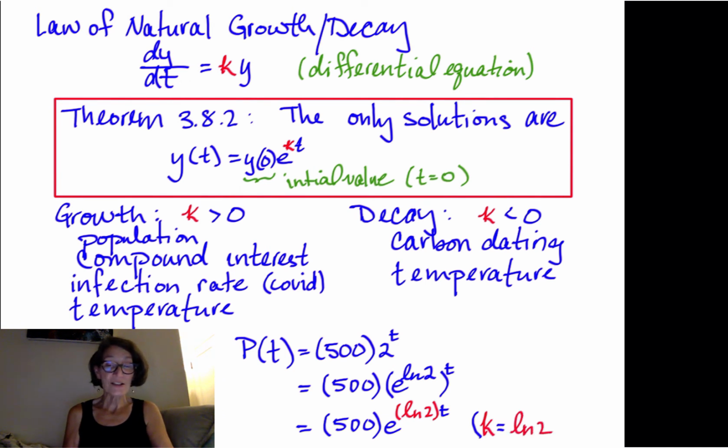And k is just natural log of 2, which I actually told you a few minutes ago. So our function, our bacteria culture function, is a natural exponential function. We just wrote it in base 2 instead of base e. All right, so we'll see more examples in more videos, and I'll see you there.